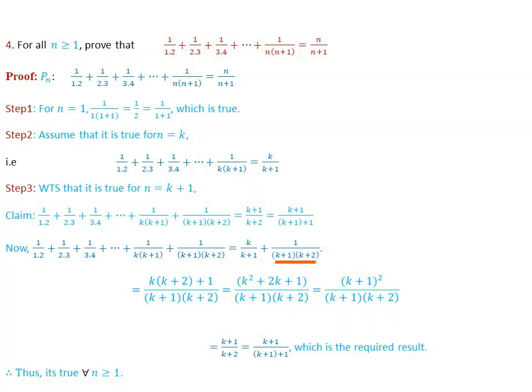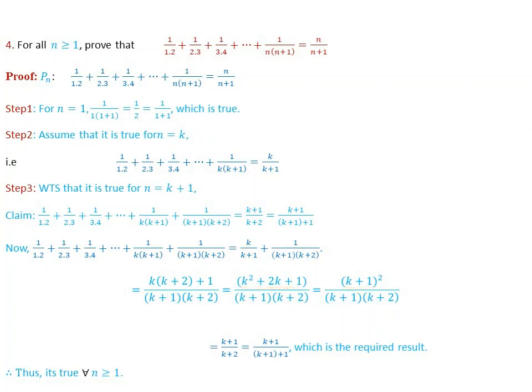Starting this, taking the common denominator k plus 1 times k plus 2, what happens? k plus 1 times k plus 2 divided by k plus 1 is k plus 2. Therefore, multiplying by k, k times k plus 2 plus 1, then we have k square plus 2k plus 1, the whole over k plus 1 times k plus 2. But k square plus 2k plus 1 is k plus 1 the whole square.